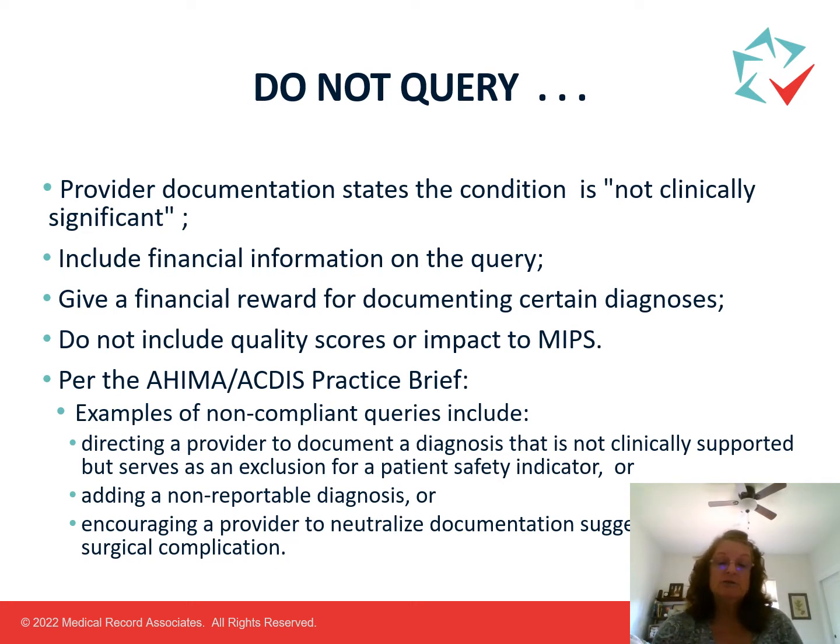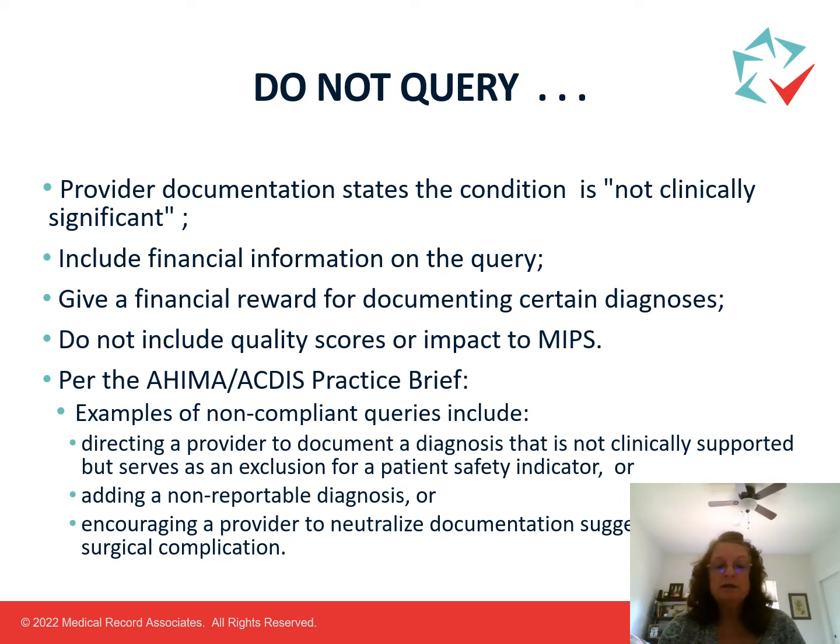Again, that financial information, do not include in the query. Don't be giving financial money reward gift cards for documenting certain diagnoses. If you document that the patient had aspiration pneumonia, we're going to give you a $10 Starbucks card. We shouldn't be doing that. No, no, no, don't do that.